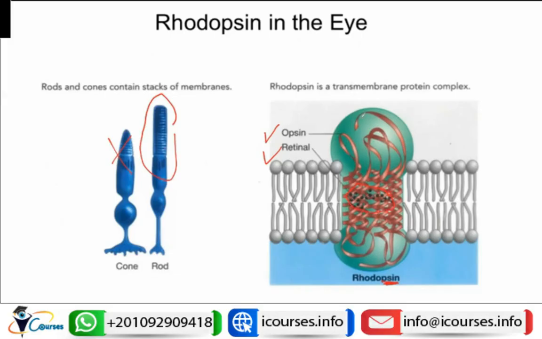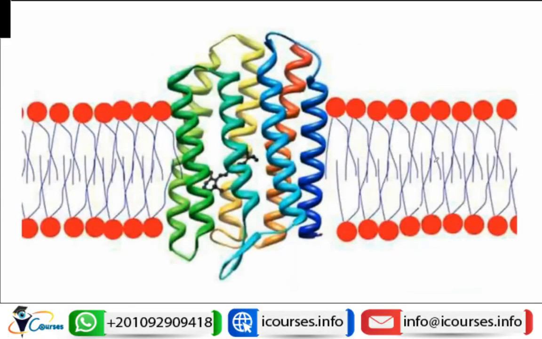The scotopsin crosses the membrane of the disc of the outer segment of the rods 7 times.